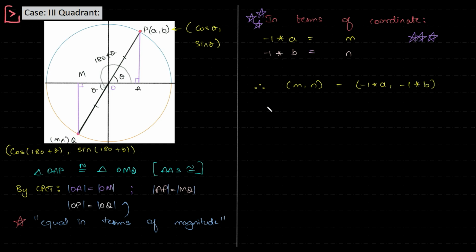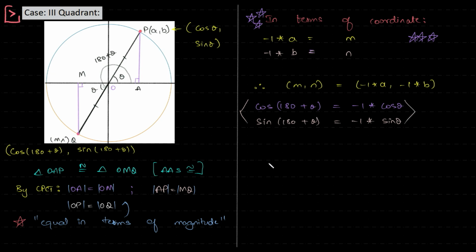And so we have cos of 180 plus theta is equal to minus 1 into what is A? A is clearly cos of theta. While sine of 180 plus theta is equal to minus 1 into sine of theta. Okay guys, so that's your conclusion.